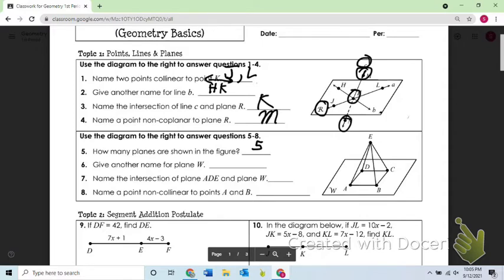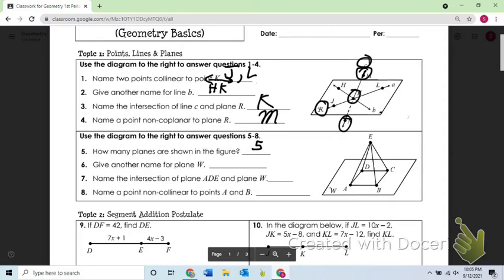So when we're looking at this pyramid on top of a plane, each side of the pyramid represents its own plane. So we've got plane ADE, DCE, CBE, ABE, and then we have that bottom square, which is also plane W. So that's where we get 5.